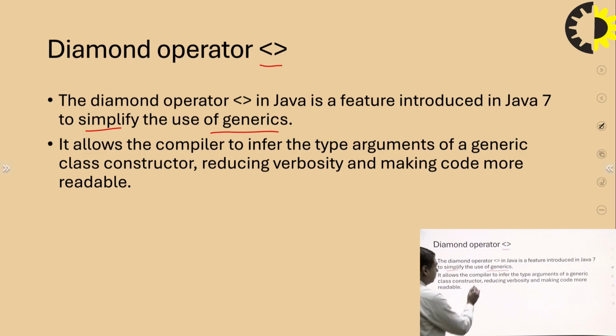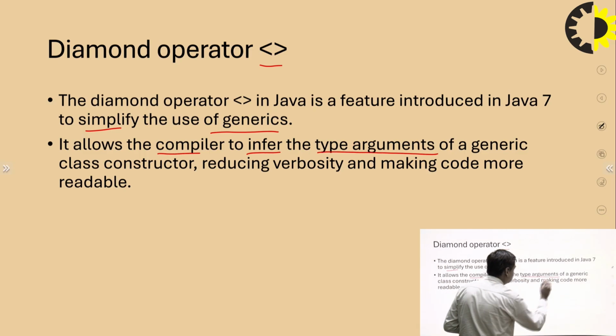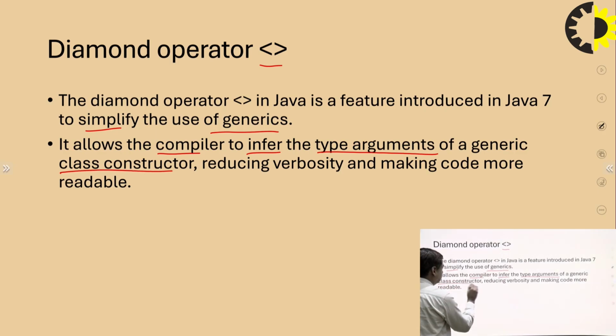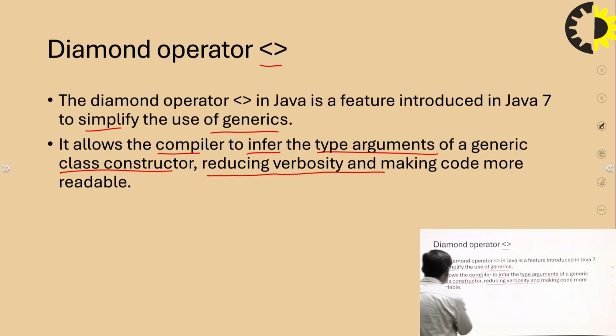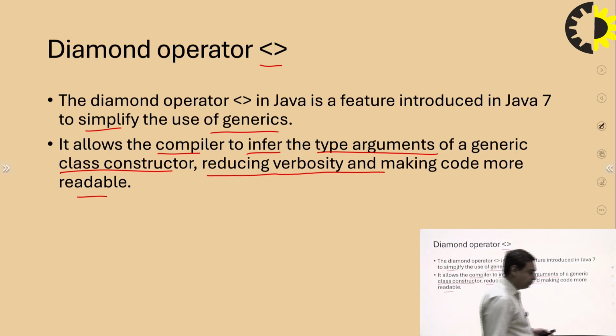It allows the compiler to infer the type arguments of a generic class constructor, reducing code that is not readable. So it makes the code much more readable.